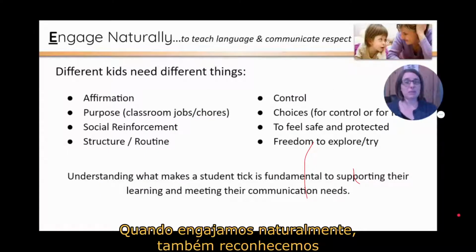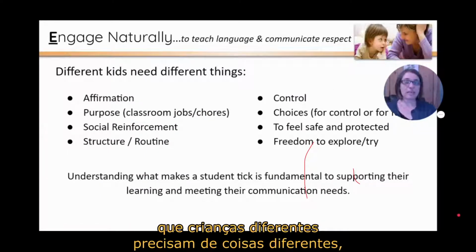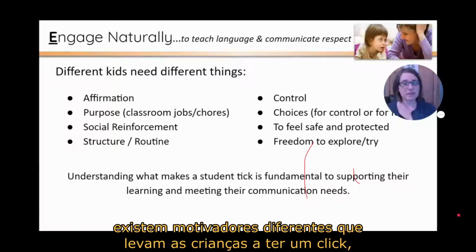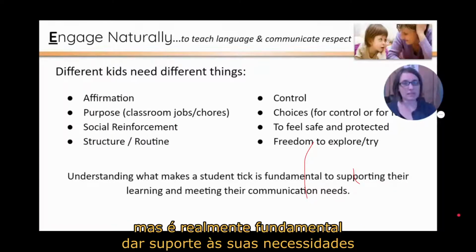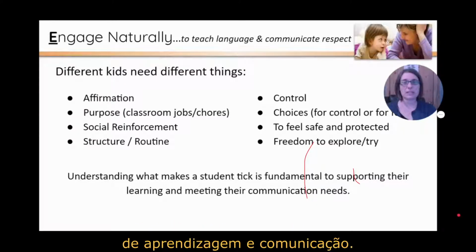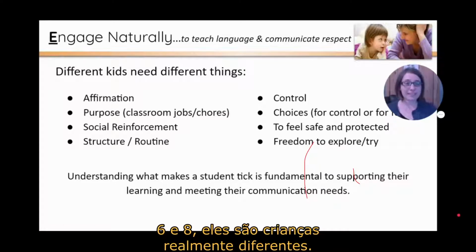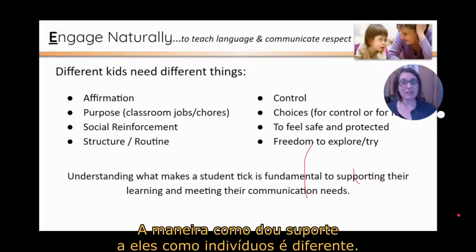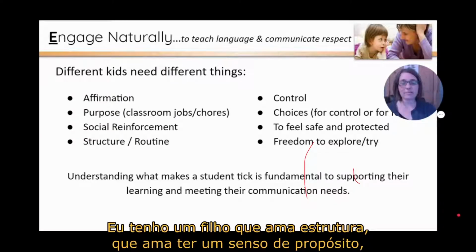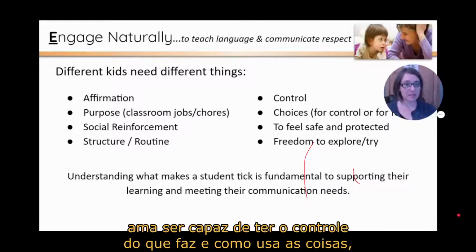When we engage naturally, we also recognize that different kids need different things. There are different drivers and different things that make kids tick, but that's really fundamental to supporting their learning and their communication needs. Like I said earlier, I have two boys, 6 and 8. They're really different kids. So the way that I support them as individuals is different. I have one son who loves structure, he loves having a sense of purpose, and he loves being able to have control over what he does and how he uses things and what choices he makes.